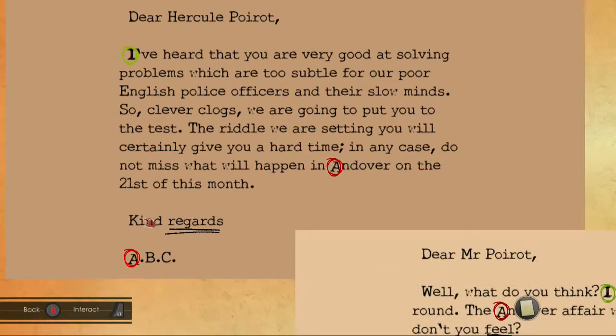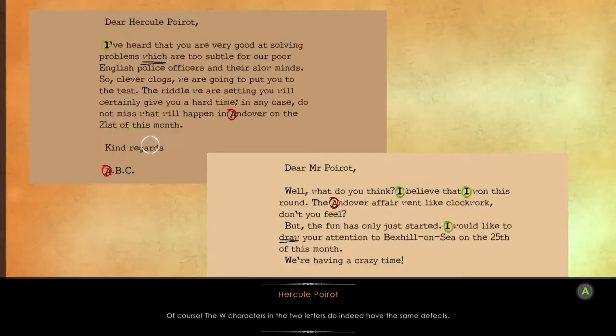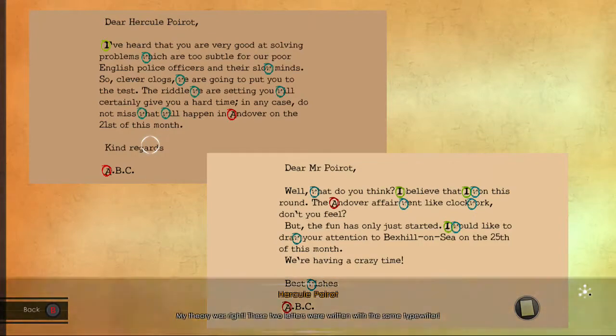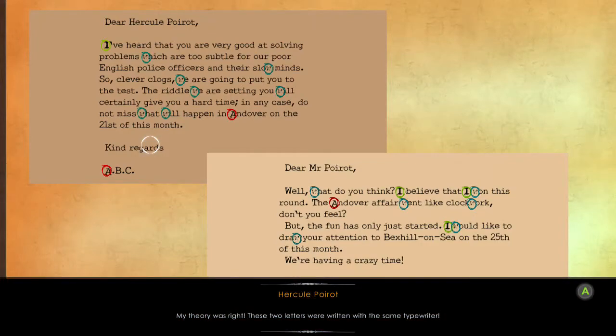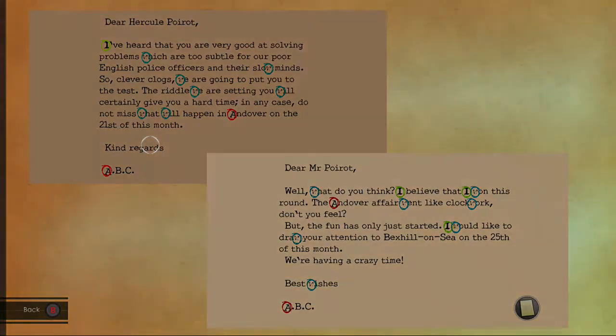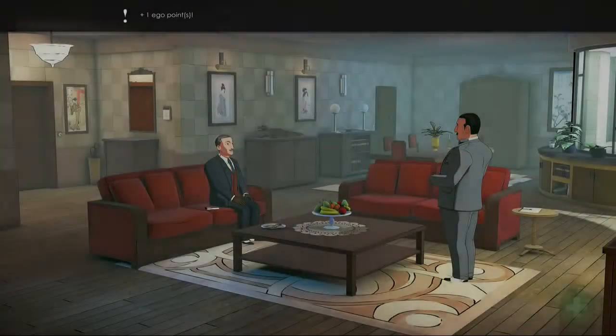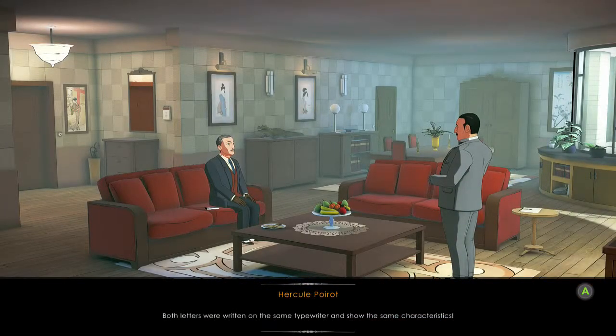Okay, I'm going to fast forward here until I get this right. Defects. My theory was right. These two letters were written with the same typewriter. Sorry about that. Got it right finally. Both letters were written on the same typewriter and show the same characteristics.